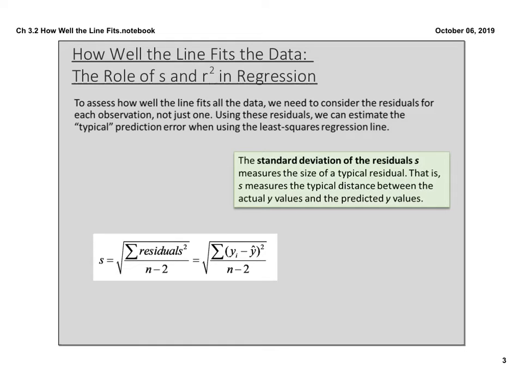So what is our typical distance away from that least squares regression line for each of our data points? That's what S is. It says that S is measuring the typical distance between the actual values of Y and the predicted values of Y.